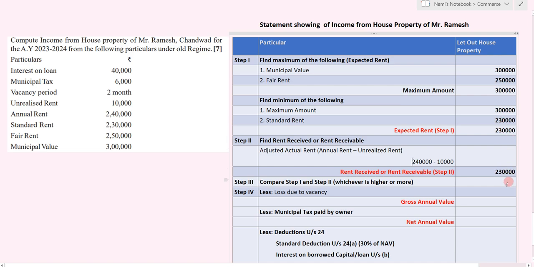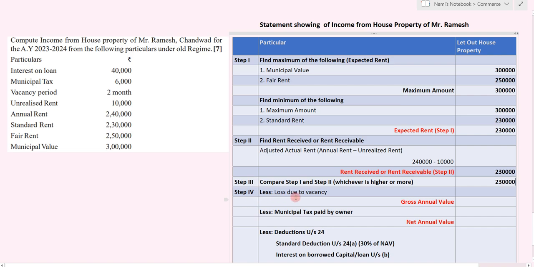Now both the values are same, so we will take 2,30,000 as step 3. Now from step number 3 that we have got as 2,30,000, step number 4 is what?